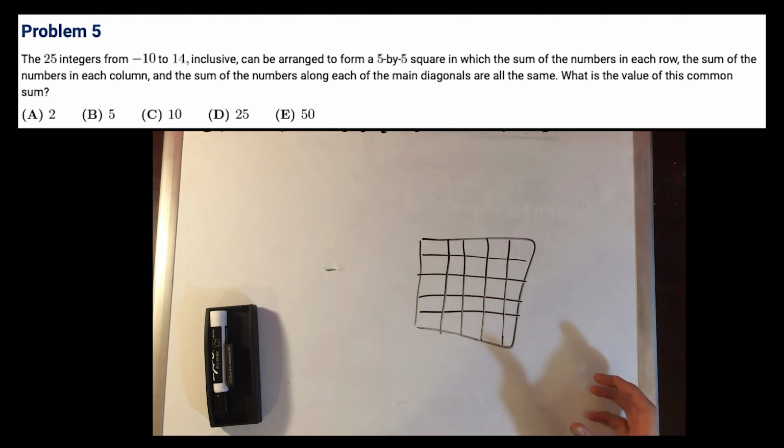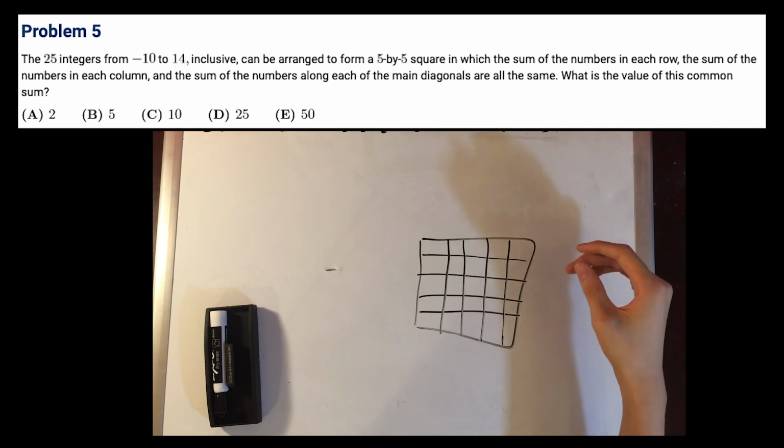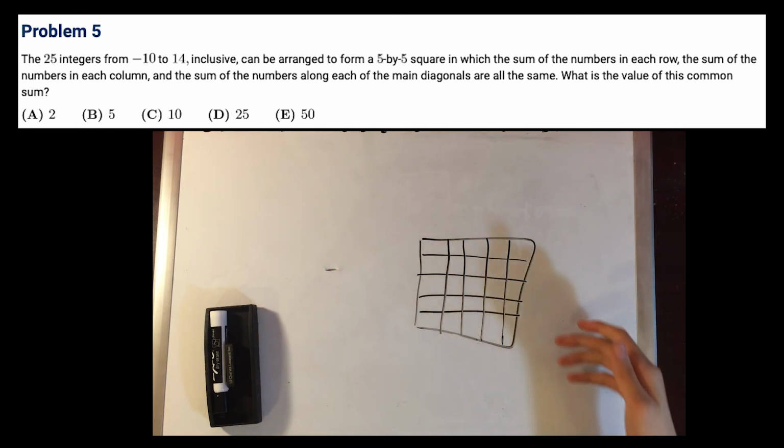And so because we know that amount, we can try adding up the values in our magic square in a clever way so that it equals our total sum, which we know, but it also comprises the common sum that we want to know.